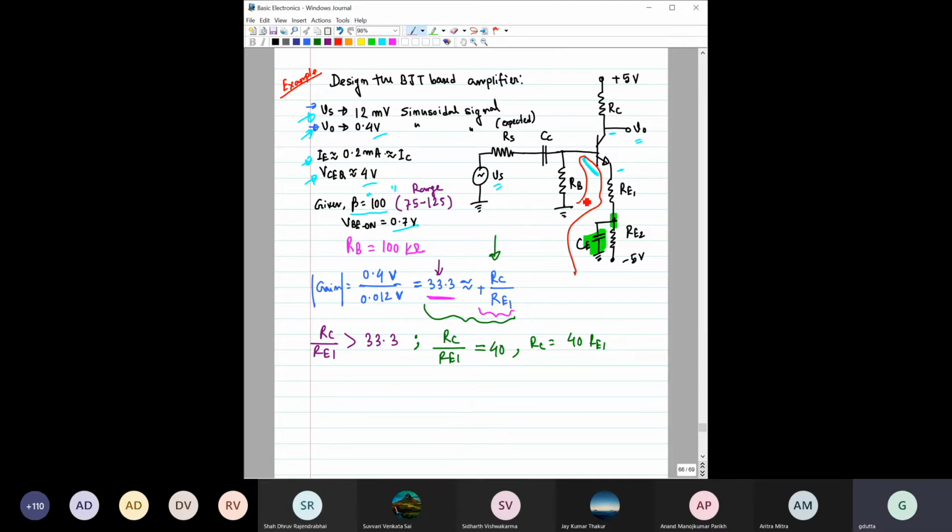Can you please tell me what we can write in DC if we write this KVL along this loop? Minus IB RB minus V of BE on.